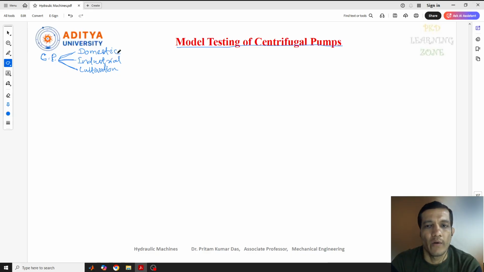What I mean to say is, when the centrifugal pump is used in domestic or home or public places, a very small size of pump can be used. But when you go for industrial applications, a large size of centrifugal pump will be used. Before going to manufacture this large centrifugal pump, you need to invest many things in the manufacturing.